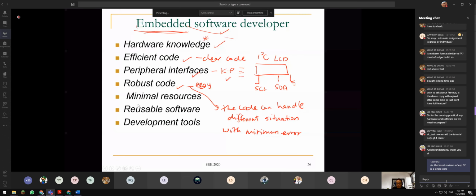Okay, so minimum resources. Minimum resources means that as a software developer, you may not have a lot of hardware debugging tools. Still remember, just now, when it comes to debugging, we go through a few stages. First, we write our code and compile it.